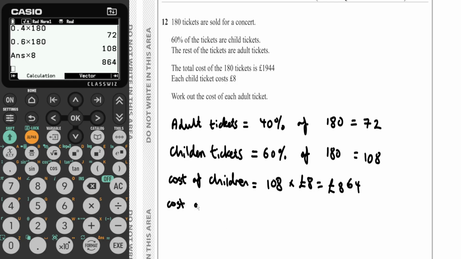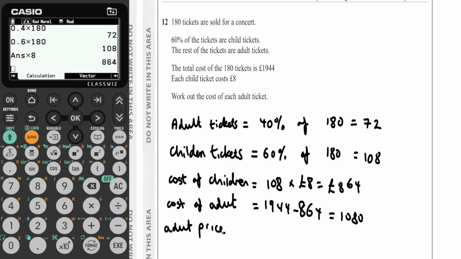So that means the cost of adults altogether will equal 1944 take away 864, which is 1080. And so per ticket, adult price will equal 1080 divided by 72, because there's 72 adults altogether, so that's 15. So each adult ticket costs £15.